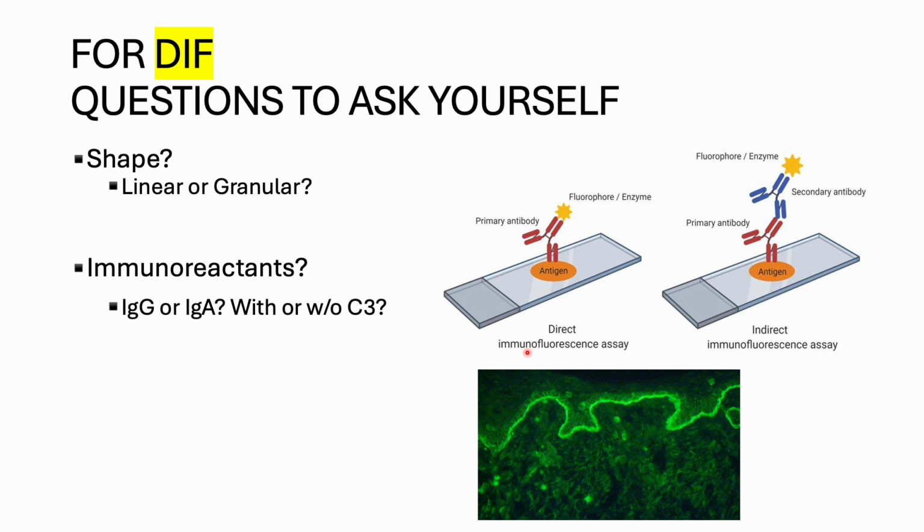I think if you have already had your rotation at Children's Hospital looking at those renal biopsies, you should be familiar with this technique already. But in the skin, we also demonstrate what is the shape of positivity. Is that linear or granular? Is that IgG positive or IgA positive, with or without C3? Those can make a difference in making the diagnosis.